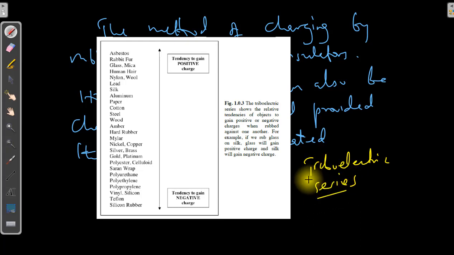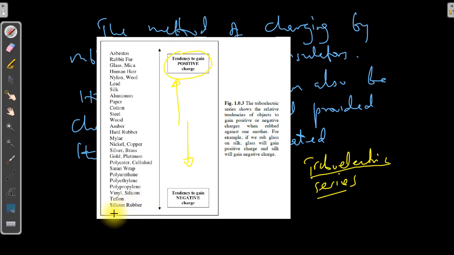And basically this is a series that determines who loses electrons and who gains electrons. In this table, as we go up, there is more tendency to gain positive charge, so these guys lose electrons as we go up, and as we go down, these guys tend to gain electrons because they have a high electronegativity.